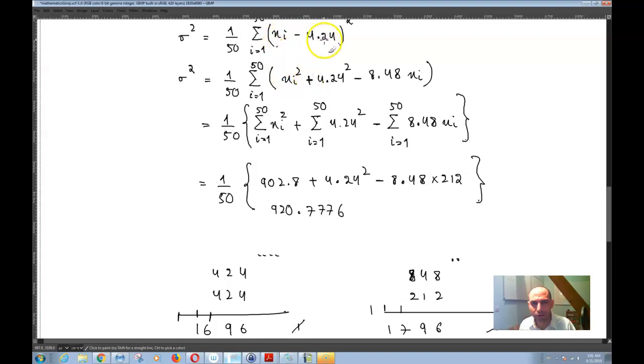X sub I squared plus 4.24 squared minus 2 times x sub I times 4.24. Now I'm not supposed to get a negative number here. I don't know if I did this right.